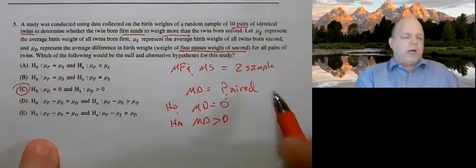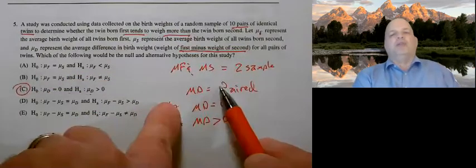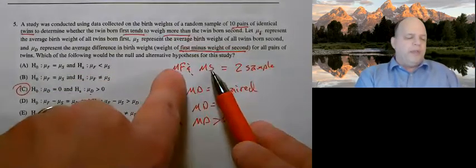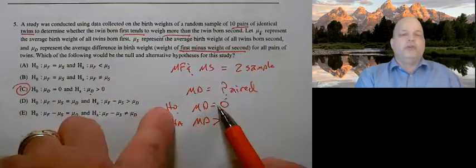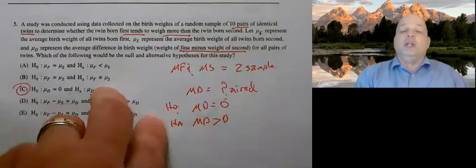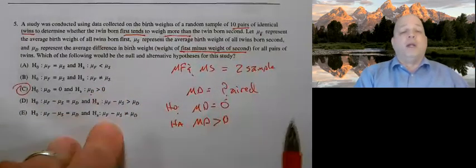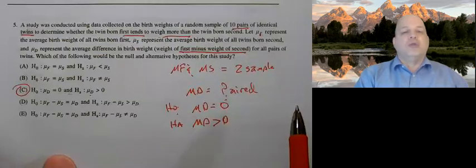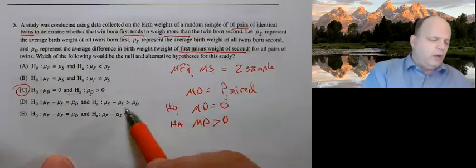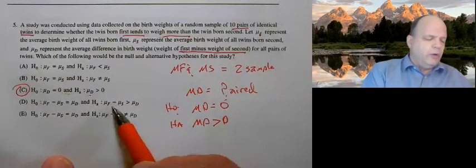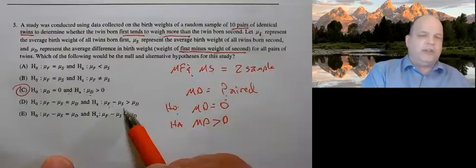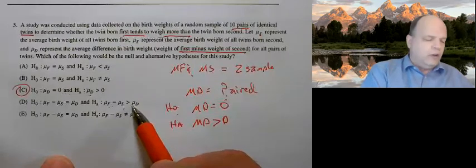This is a difficult problem because they gave you both options. They told you about the two sample, but they also told you about a paired. So you needed to know that, hey, if I can run a paired, that's a better choice. This right here doesn't exist. We don't do the average of the first minus the average of the second equals the difference. Can't do that.